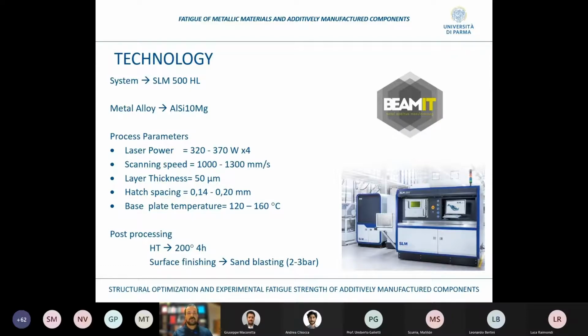So we were able to produce our part using an SLM system with an aluminum alloy. Here are reported some of the process parameters used for the preparation of the part, and also the heat treatment that the part underwent after the production.